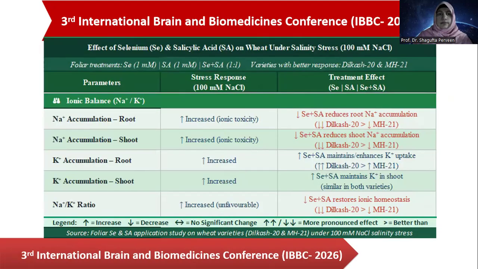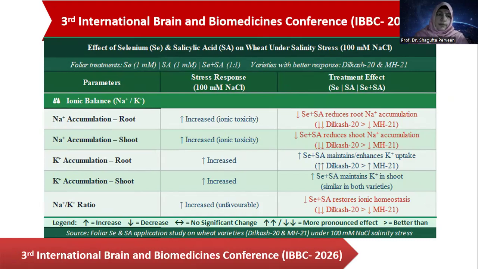Ionic balance. Shoot and root sodium and potassium significantly increased under salt stress. However, the foliar applications of selenium and salicylic acid decreased the root and shoot sodium contents while increasing the accumulation of potassium contents in root and shoot.